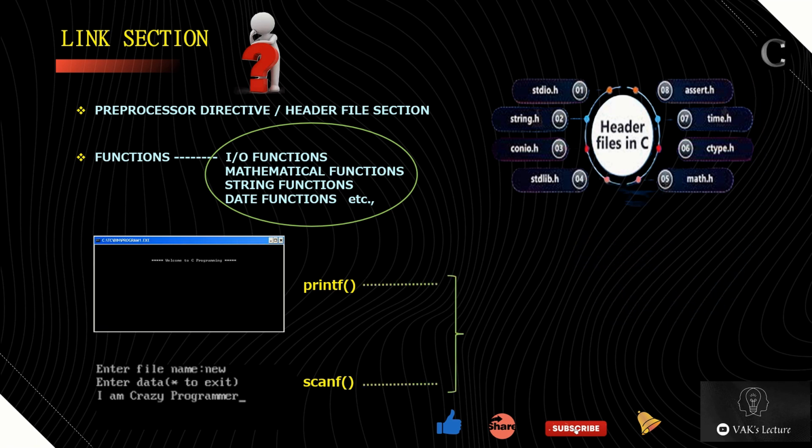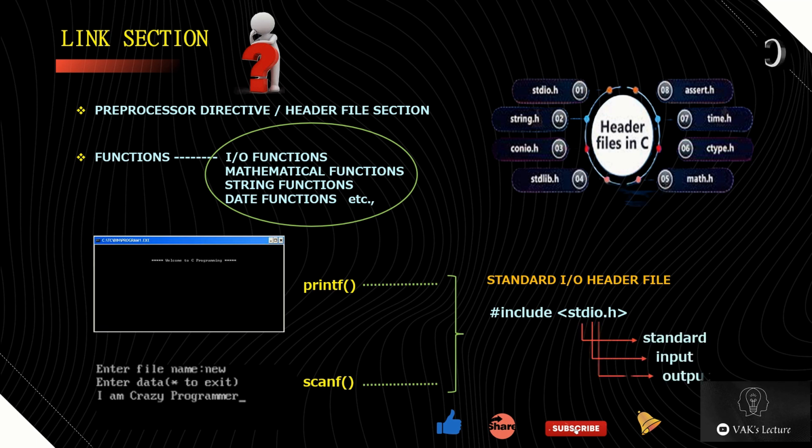Suppose we want to use the printf and scanf built-in functions, then I have to use the standard input-output header file. That means we have to use #include <stdio.h>. Here std is for standard, i for input, o for output and h for header file. All these built-in functions are saved with the .h extension.